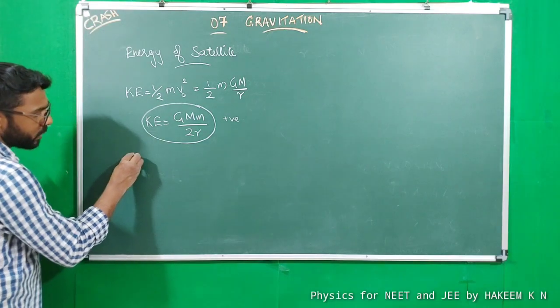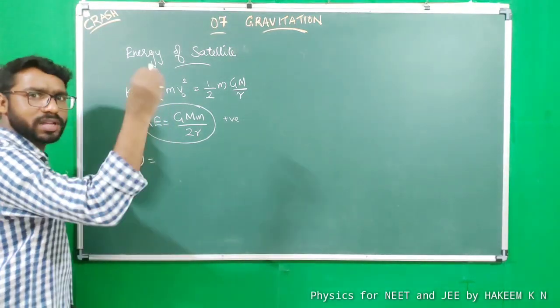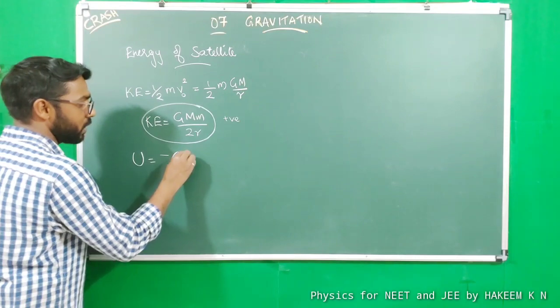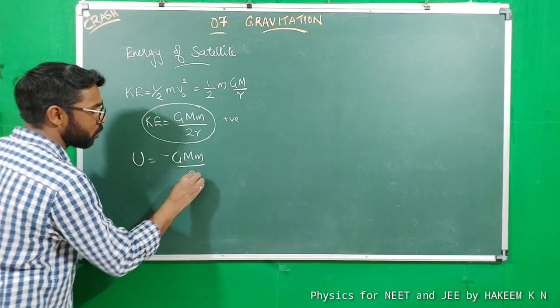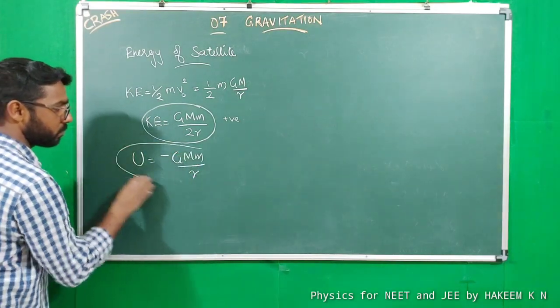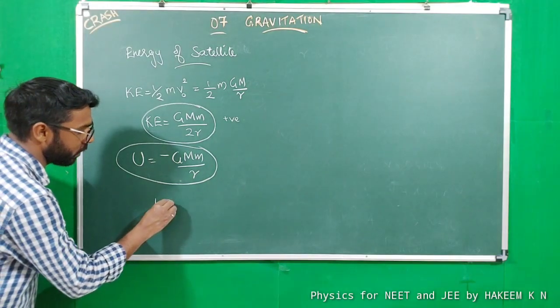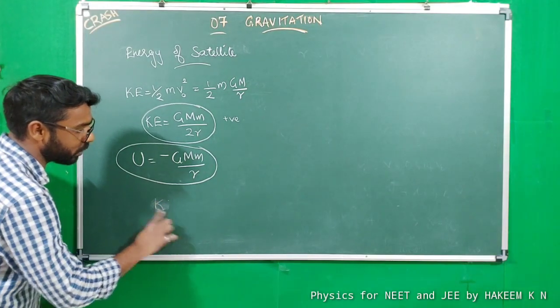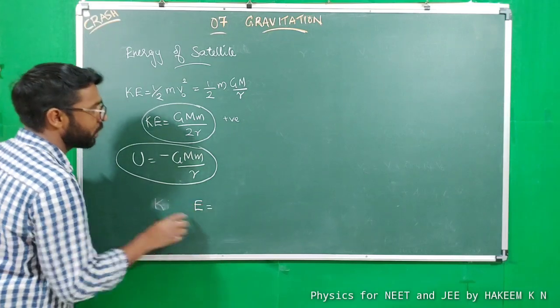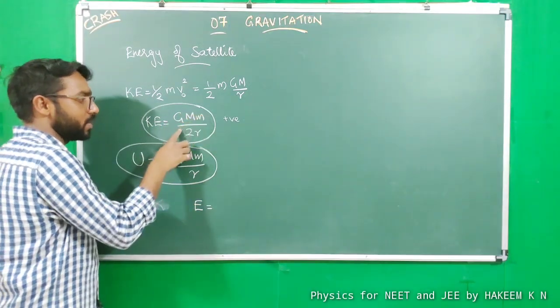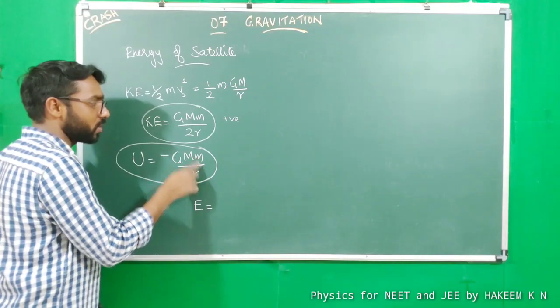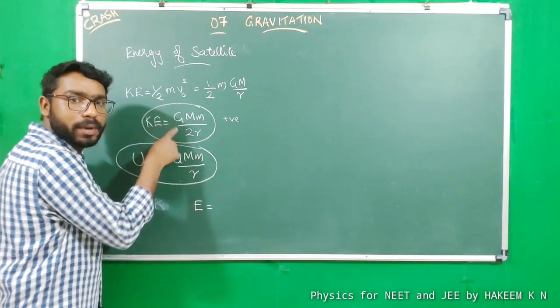Now, what is potential energy? Potential energy that we already discussed: minus GMm by r. Then what will be total mechanical energy? Adding plus GMm by 2r and minus GMm by r, this is actually half of GMm by r.